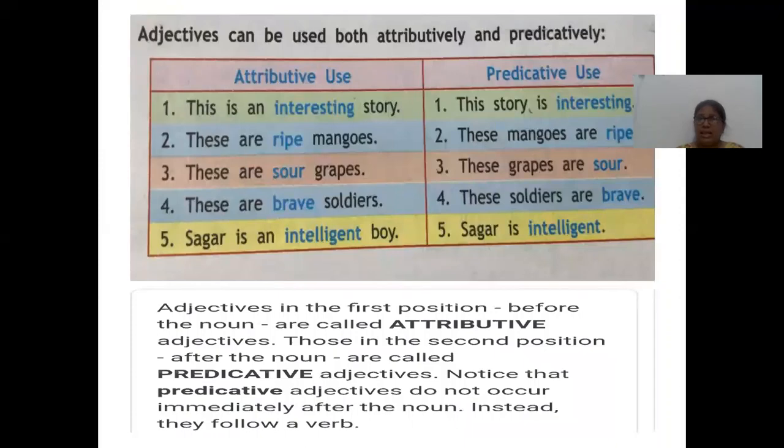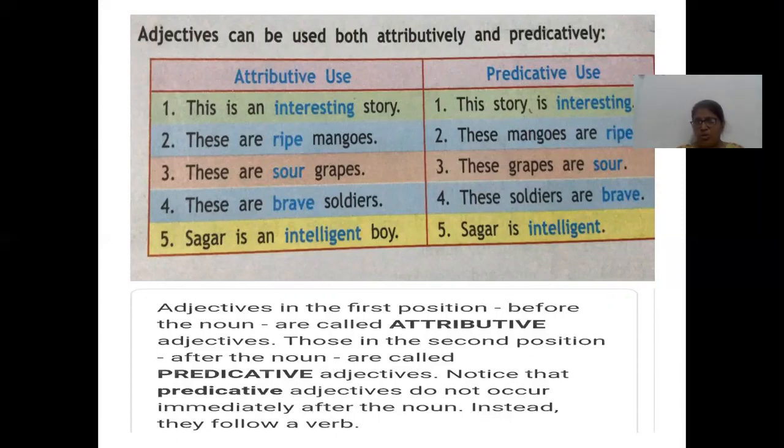Now, adjectives can be used both attributively and predicatively. How can we use them? First, we should understand what is attributive and what is predicative. So, adjectives in the first position before the noun are called attributive adjectives. Second, which are at the second position after the noun, they are called predicative.